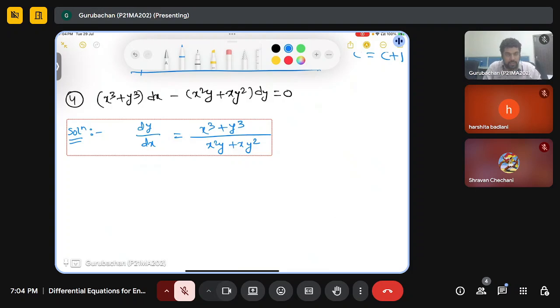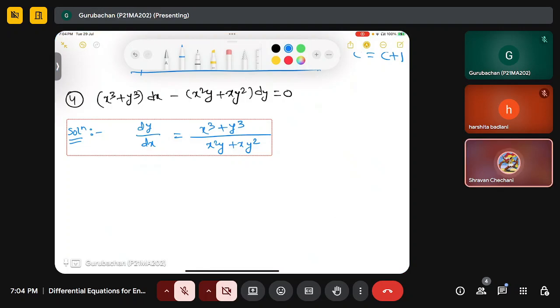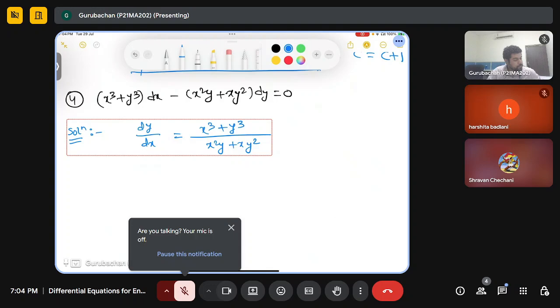Is it done? Sir, is the answer ln x is equal to v plus ln v minus 1 plus c? Can you solve it in terms of x and y? Okay, sir. I will take the value of v.